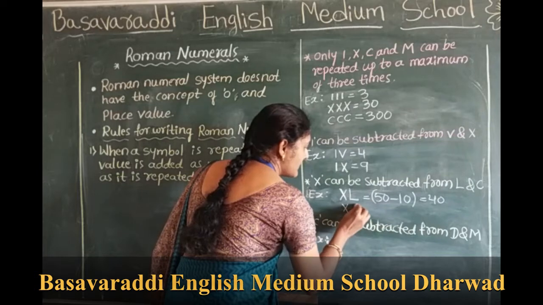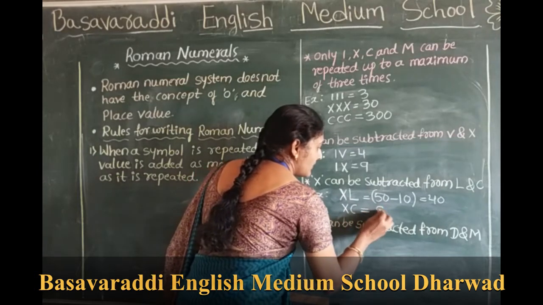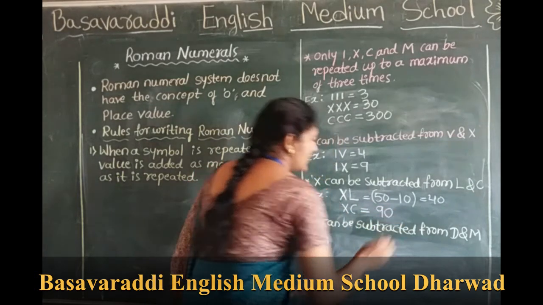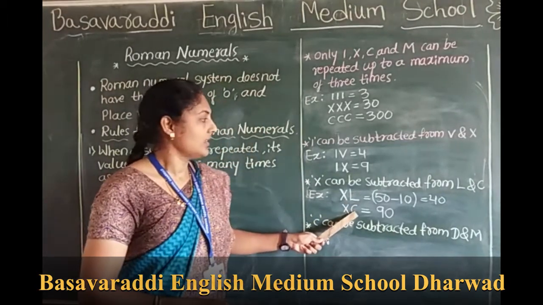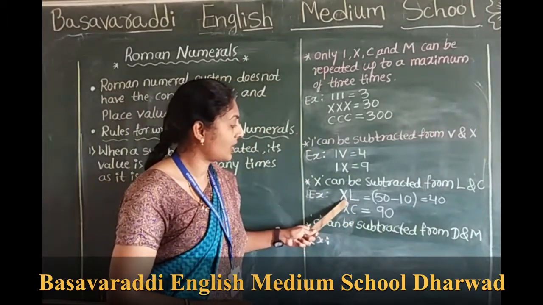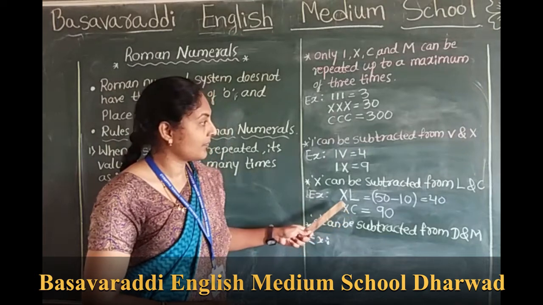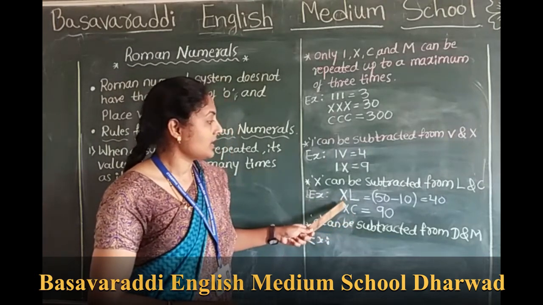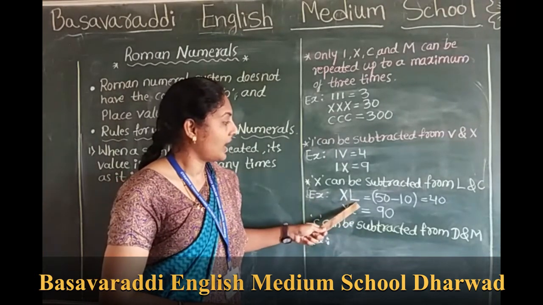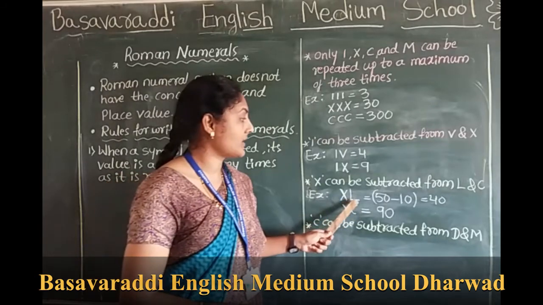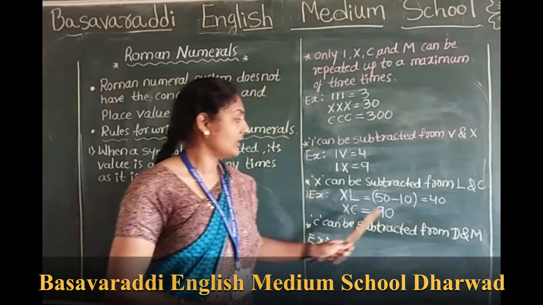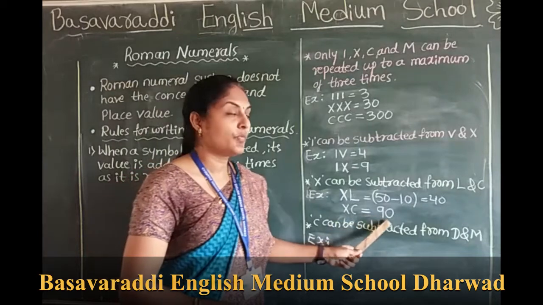Then X and C is 90. Why? Because L and C are subtracted from X. So XL is 40. The value of XC is equal to 90.